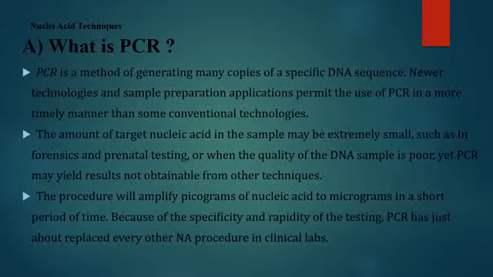Now, with PCR, that small blood, that small hair, or that small fluid you pick from a pregnant woman can be multiplied severally, and then studying it makes it very simple. Now, this PCR procedure will amplify picograms of nucleic acids to micrograms in a short period of time. So you have a picogram, and in a short time you have micrograms of that same nucleic acid.